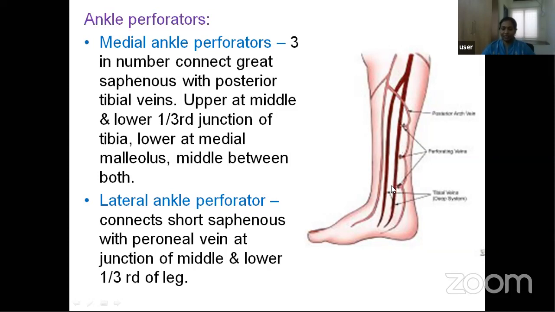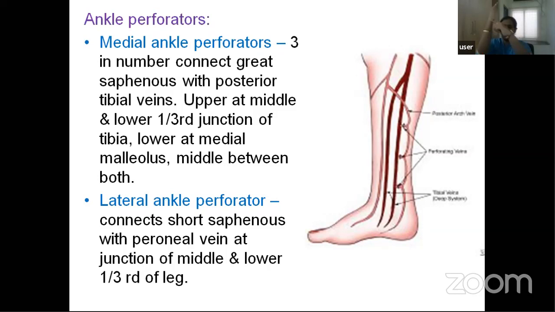The last perforator is present at the medial malleolus, and the second perforator is present between the two. That means the leg is divided into 3 parts: the lower, the middle, and the upper. The first perforator is present at the junction of the middle 1/3 and lower 1/3.